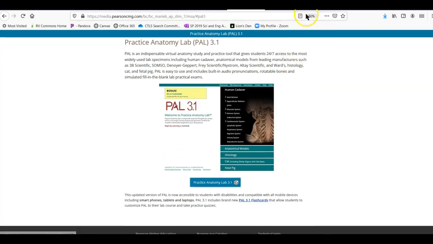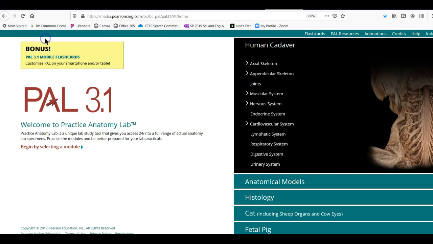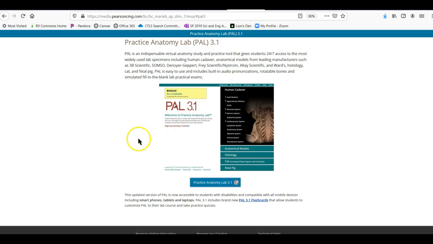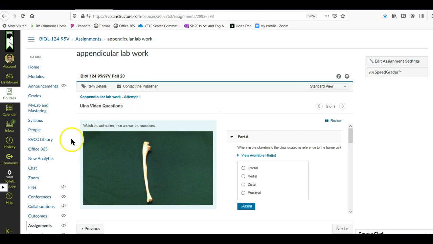And remember also, sorry, I know I'm skipping around a lot, when you first go to the study area page, that's where you can access the ability to make flashcards. So you can do flashcards for the appendicular skeleton and Practice Anatomy Lab too.